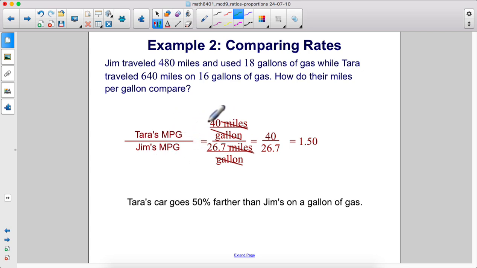But we get 40 miles per gallon divided by 26.7 miles per gallon. The miles cancel, the gallons cancel. We get 40 divided by 26.7, which is 1.5. Therefore, whoever's on top here, Tara, has 1.5 times the gas mileage of Jim, which is 50% more.